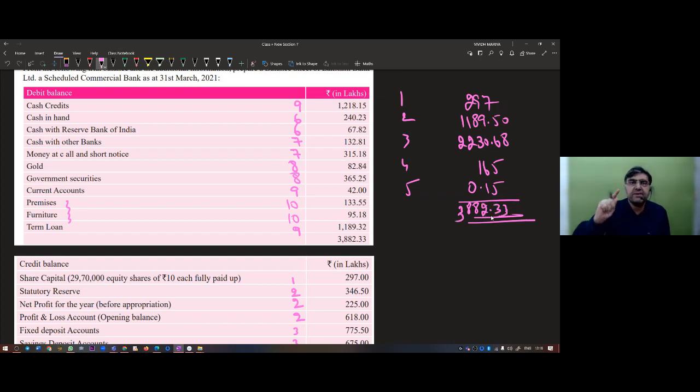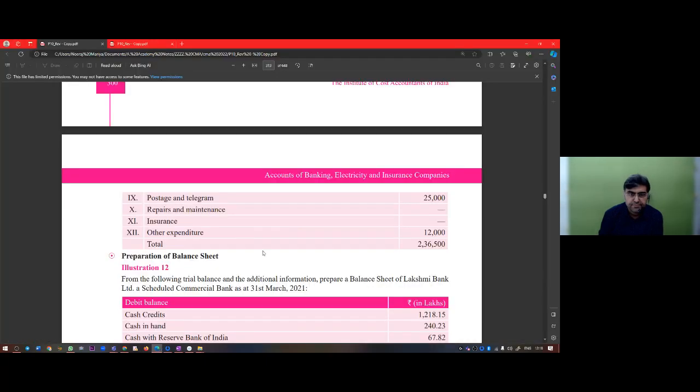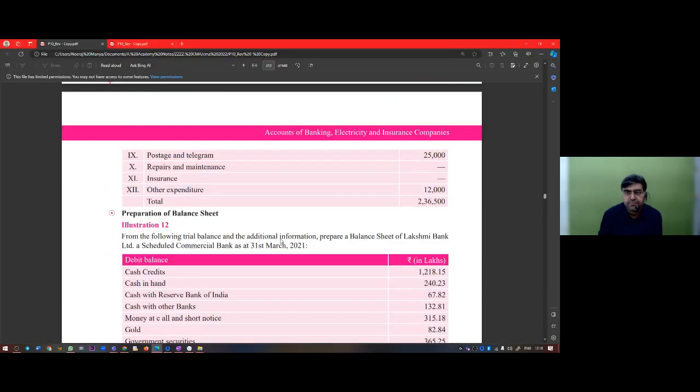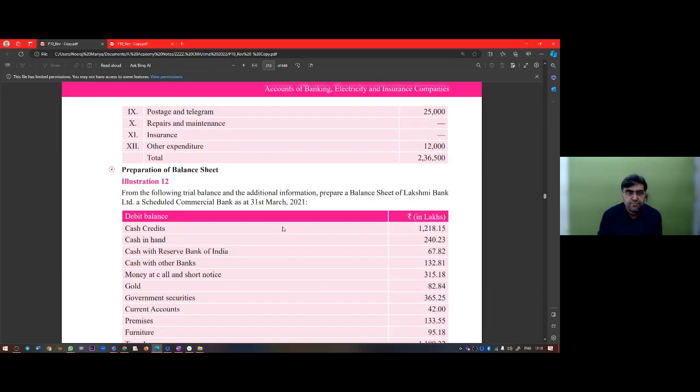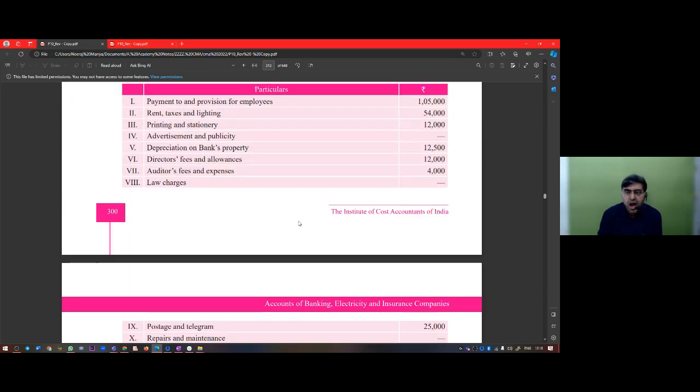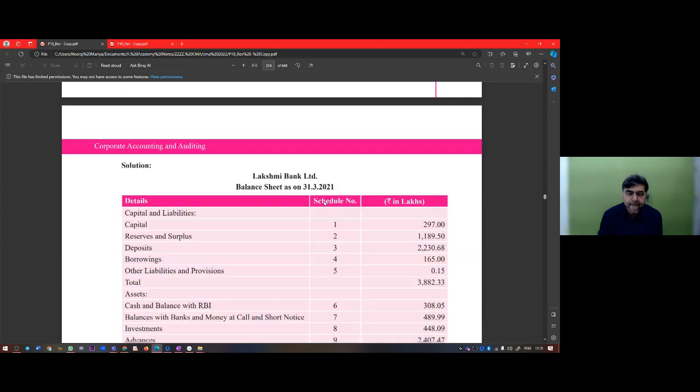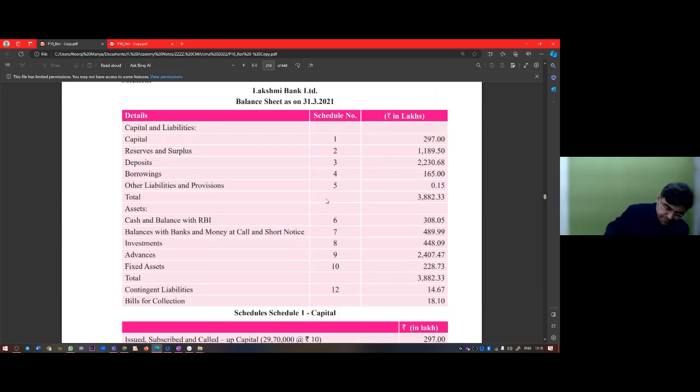See, if anybody doesn't know the pro forma of the balance sheet, they will say the question is difficult. Absolutely fine. The liability side is absolutely fine.